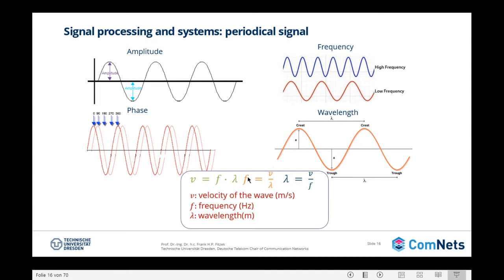We can rearrange this formula to establish the frequency of a signal by knowing its velocity and its wavelength. We can also calculate the wavelength by knowing the velocity and the frequency. We must recall that in the international system, velocity is given in meters per second, frequency in hertz, and wavelength in meters.